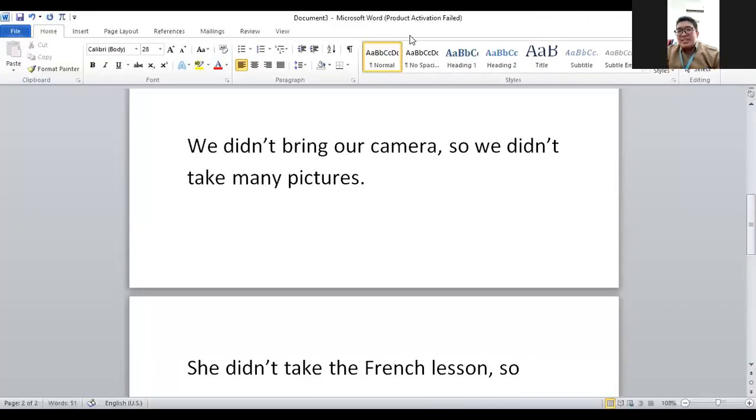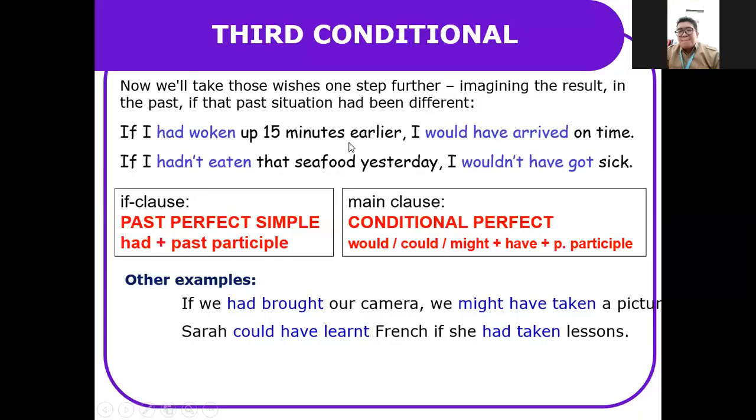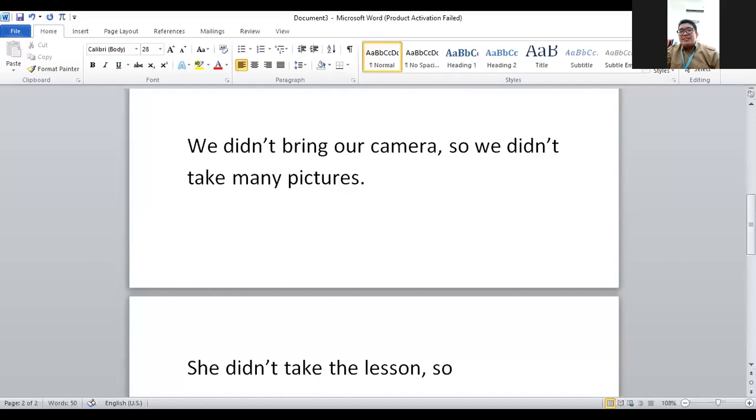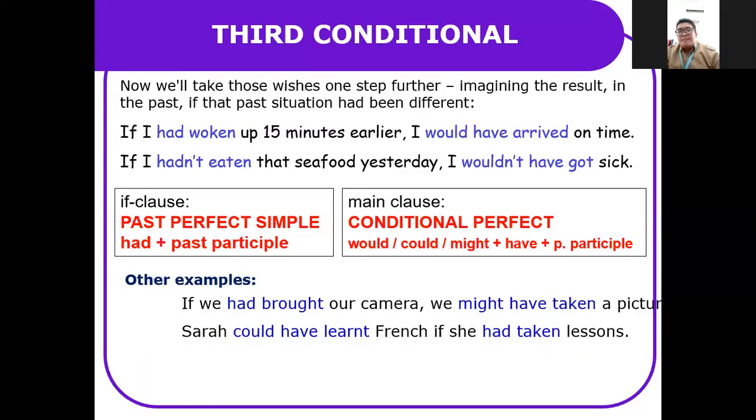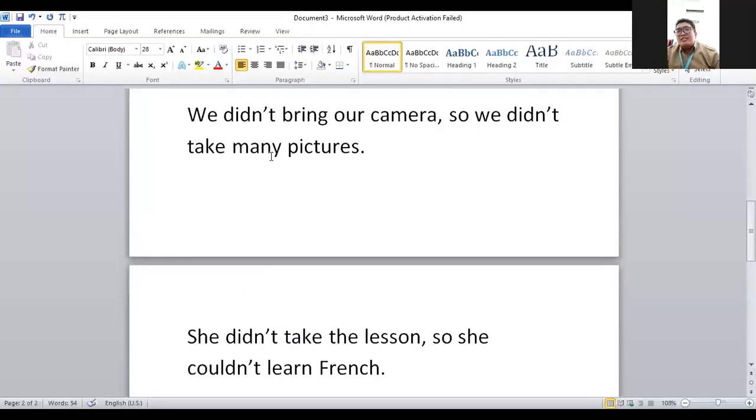Or we can say she didn't take the lesson, so she couldn't learn French. Or we can also say she didn't take the lesson, so she cannot speak French. Itu juga bisa.